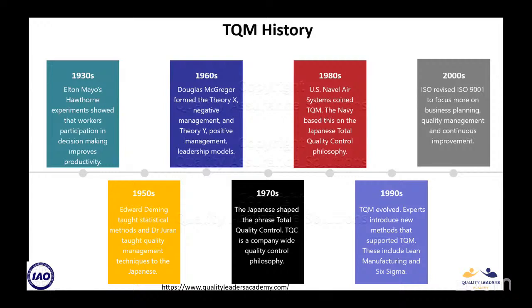In a way, this is why TQM is more than a tool set. It's a management philosophy, where TQM says quality is everybody's job, leadership owns quality, processes must be improved continuously, etc. Right? Now, coming to the 1990s, we have newer methodologies such as lean manufacturing and Six Sigma.